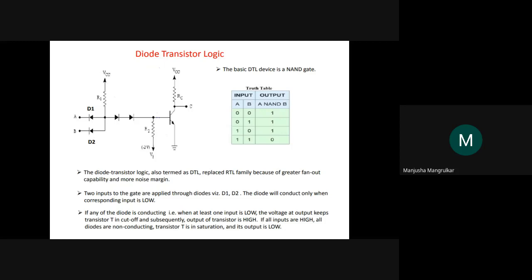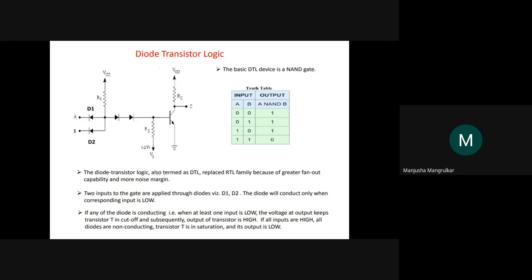If either of the diodes, 1 or 2, is conducting, this is closed. So when it is conducting, it is forward bias and the other will be reverse bias. So this is in the cutoff region and directly connected.